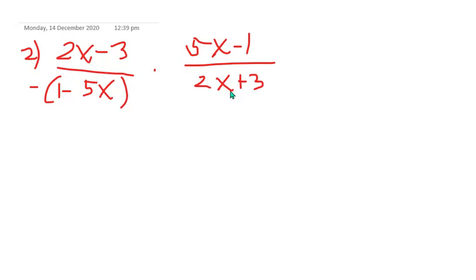So we're going now to simplify by multiplying the sign. So we have 2x minus 3, then multiply this sign: negative times positive is equal to negative 1. Negative times negative is positive 5x.